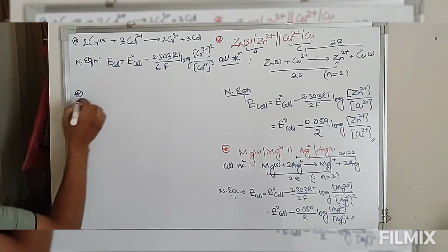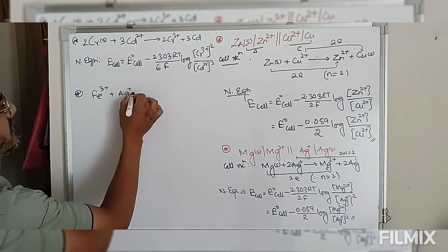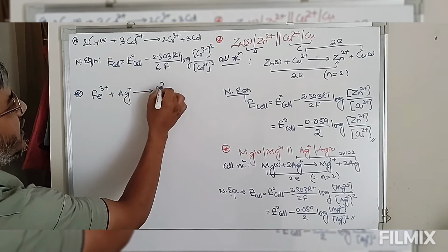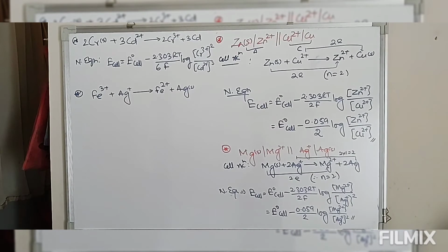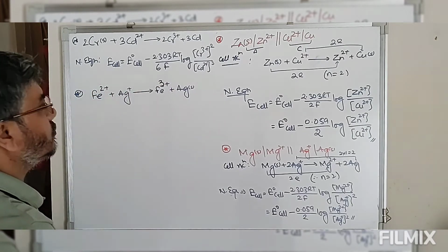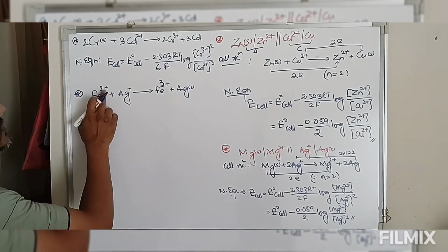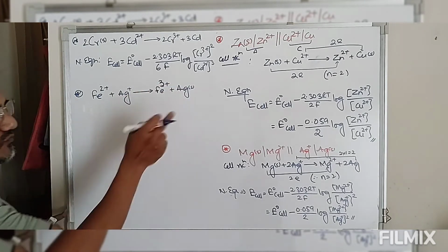Similarly, let's write down this. So we have iron plus 2 plus Ag plus changing into iron plus 3 plus Ag solid. So this is iron plus 2 to iron plus 3. So we have this net reaction. Now iron plus 2 to plus 3, we have 1 mole of electron. Silver plus 1 to 0, again we have 1 mole of electron.